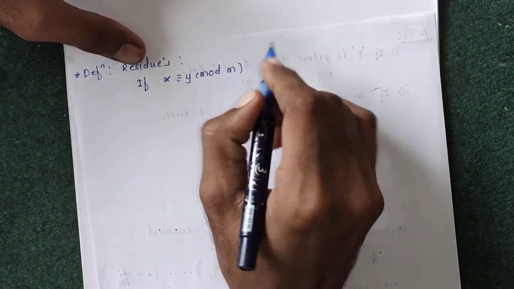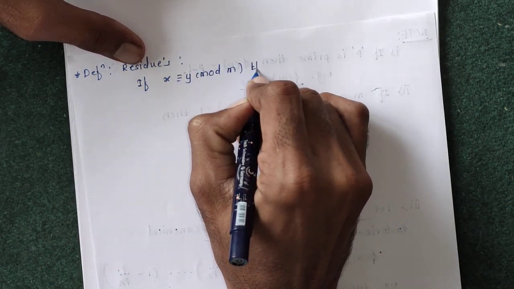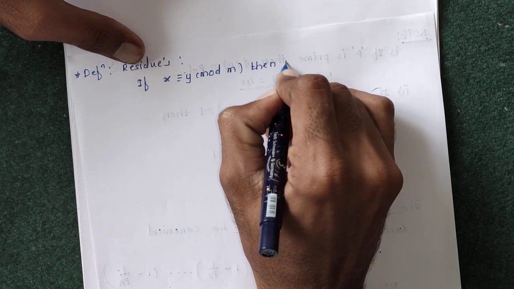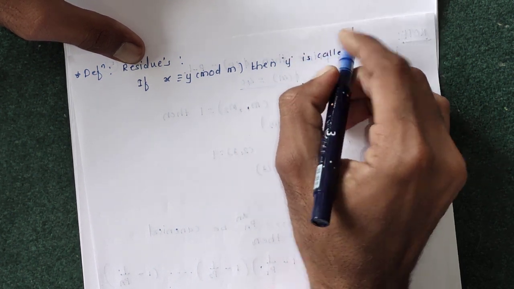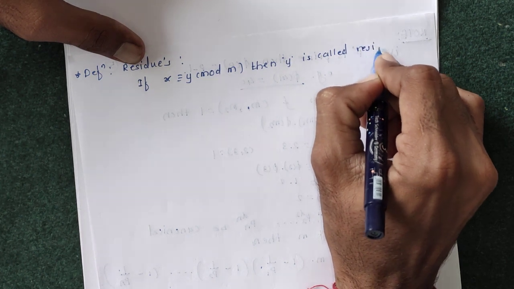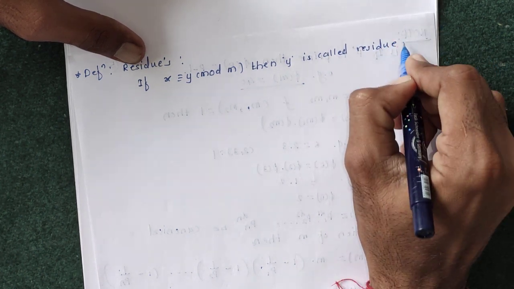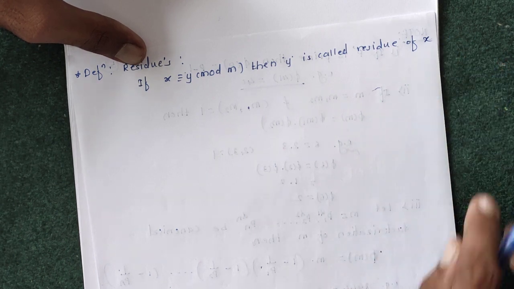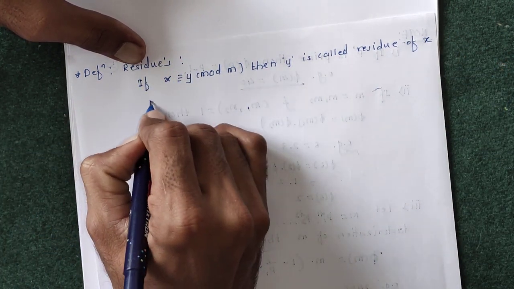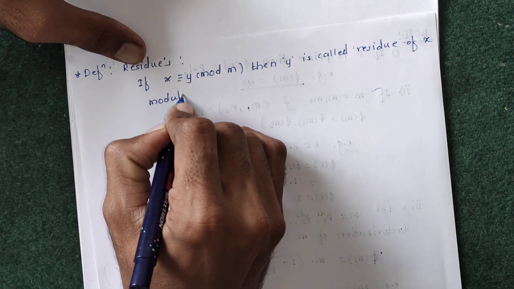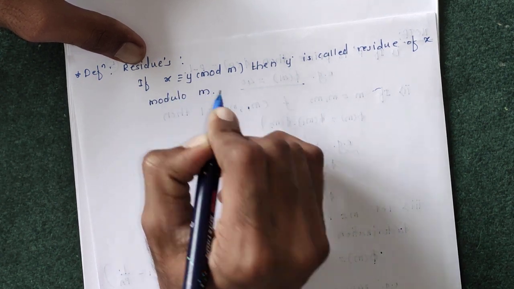If x is congruent to y modulo m, then y is called residue of x modulo m.